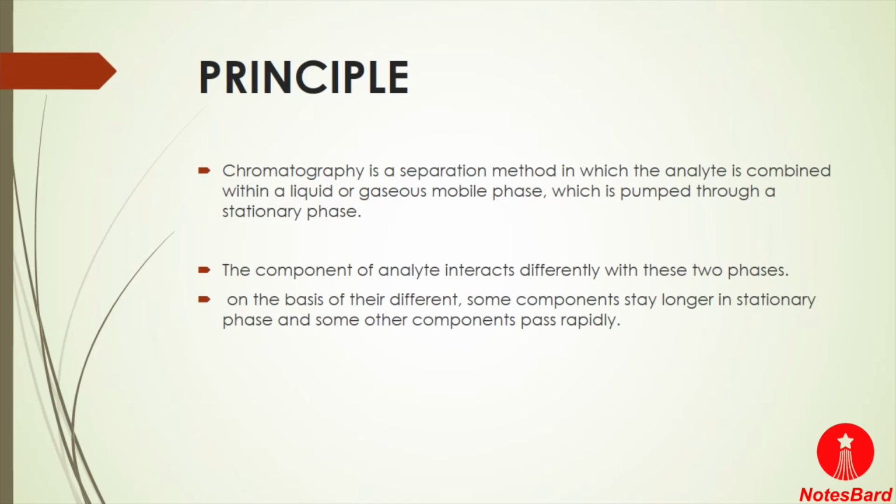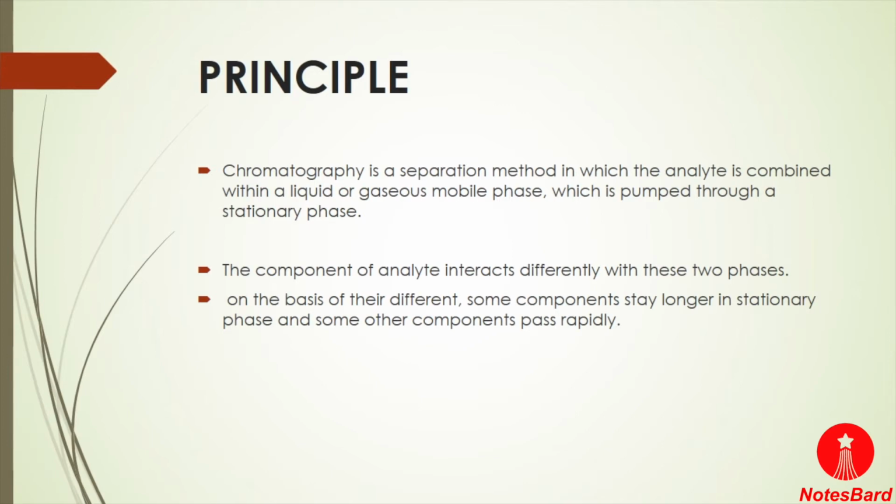The components of the analyte interact differently with these two phases, the mobile phase and the stationary phase. Depending on their polarity, the components spend more or less time interacting with the stationary phase, and they are thus retarded to a greater or lesser extent. This leads to the separation of the different pigments present in the sample.